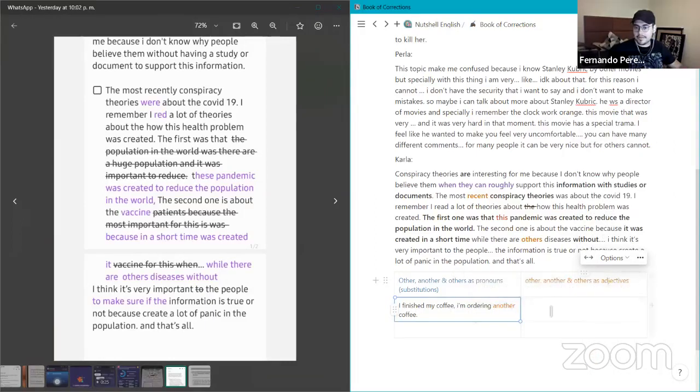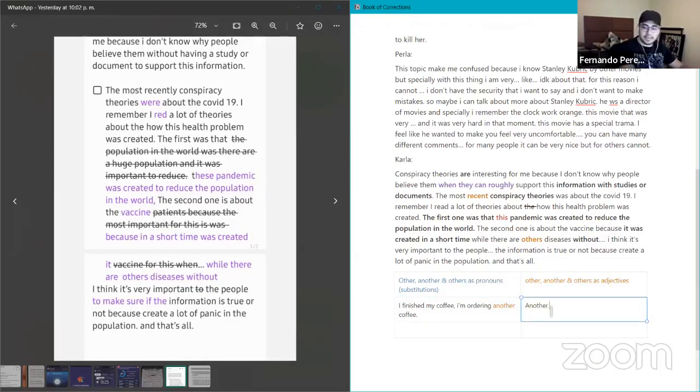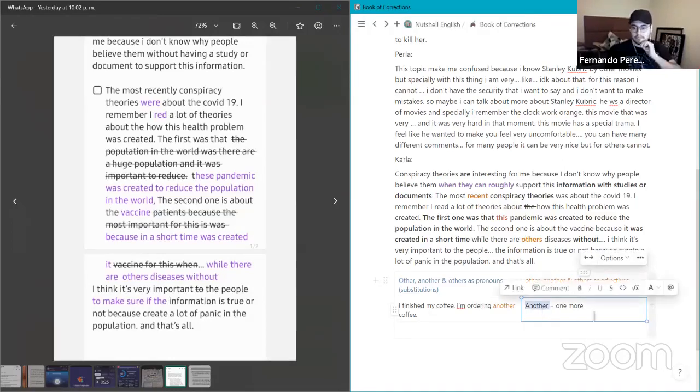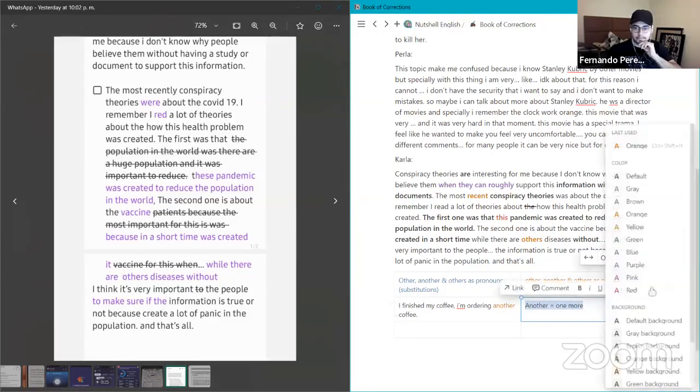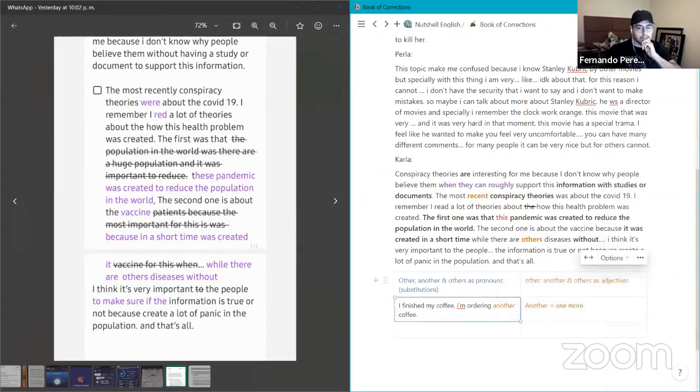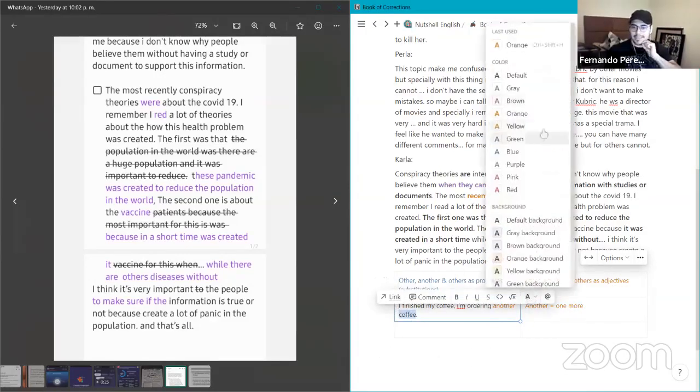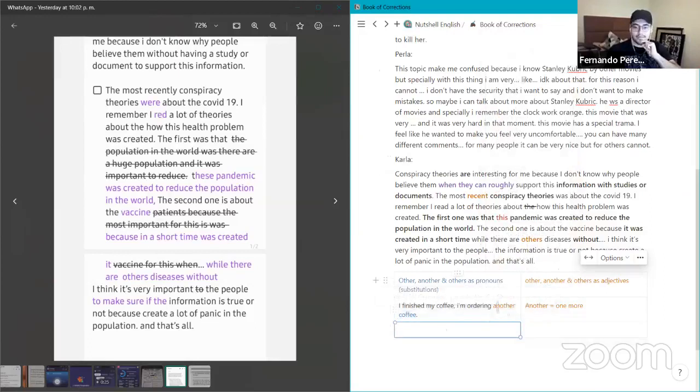This another coffee is similar to saying one more. Got it? So the word another is describing the word coffee. For this reason, in this case, it is color orange.